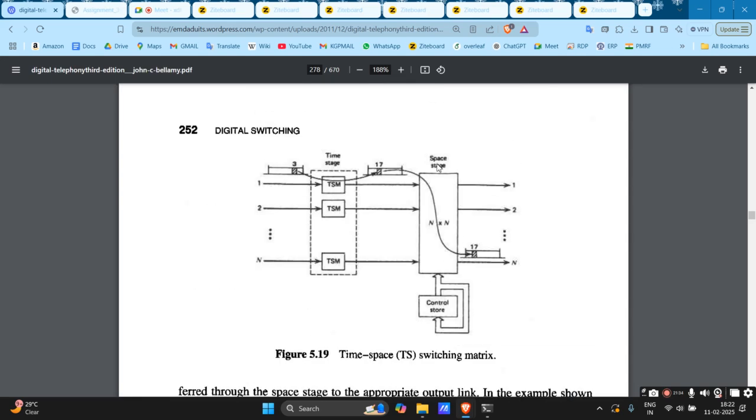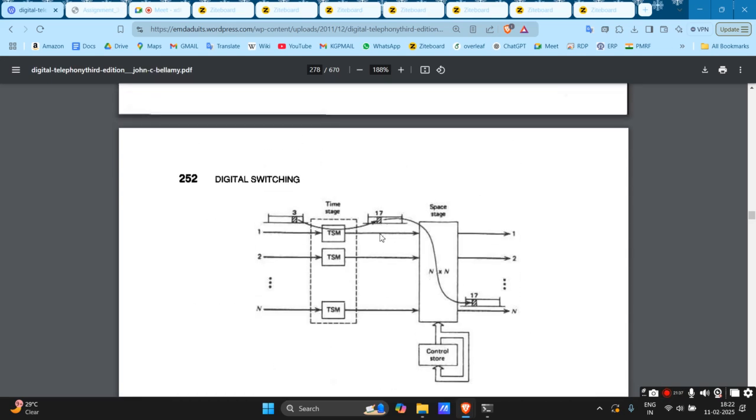If each of these time stage switches have k channels, bear with me, then you are serving n cross n, right? If each of them have k, then you can actually serve n cross k users, because each of them will have k users again. So k users are getting time multiplexed, and then that is multiplied by n at the space stage.